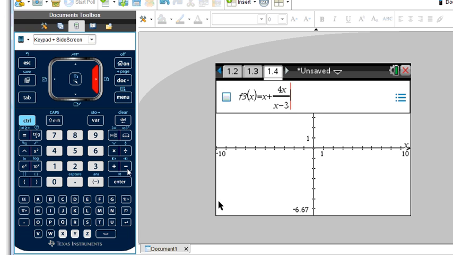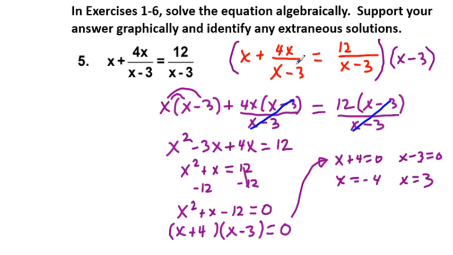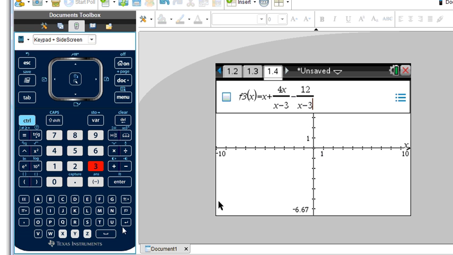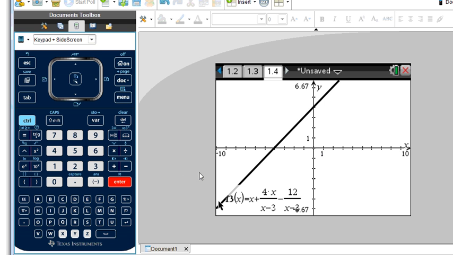So we have minus fraction 12 over x minus 3. And just taking a glance back at our equation here, we are subtracting the right side of this equation. And so we press enter, and we get a solution at negative 4.